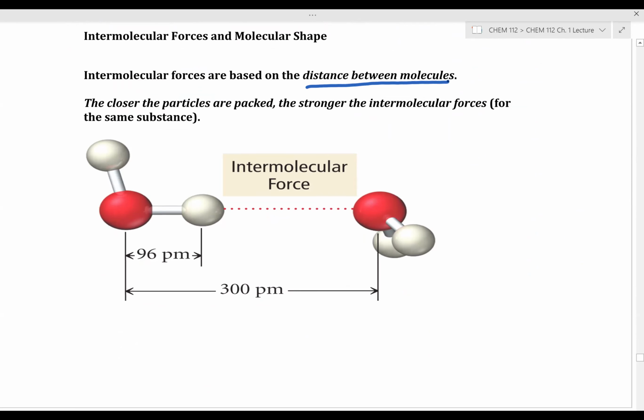An intermolecular force requires your molecules to be in close proximity, right? So then, the closer your particles are packed, the stronger your intermolecular force, assuming, of course, we're dealing with the same type of interaction. Now, where does this come up? Where does this idea of distance on intermolecular forces come up?